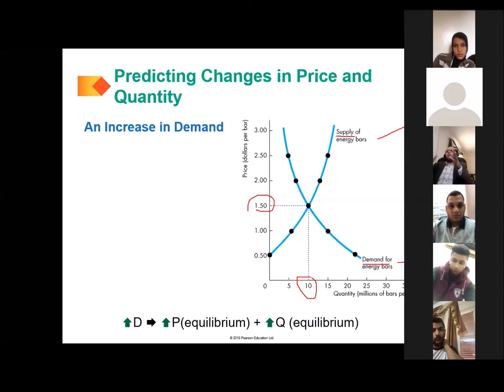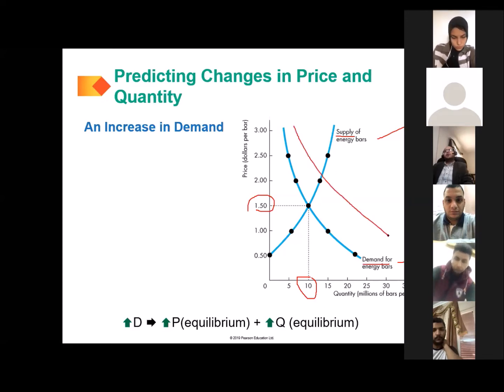From the theory of demand, we know that income affects demand. So if the income increases, does the demand increase or decrease? Increase. How does the demand increase? By shifting rightward. So this is the supply side, and this is the new demand curve.